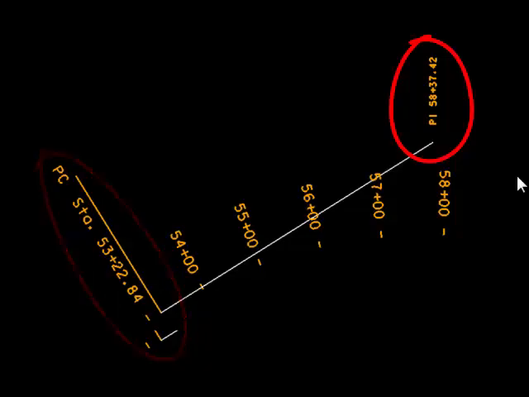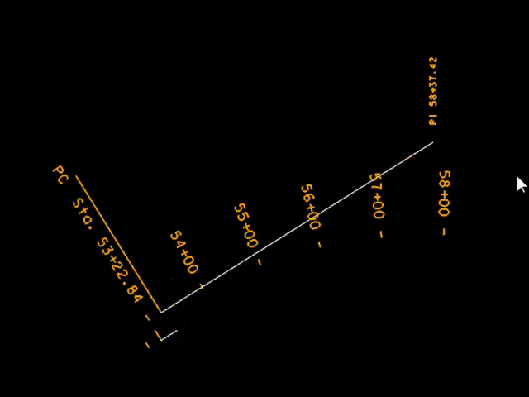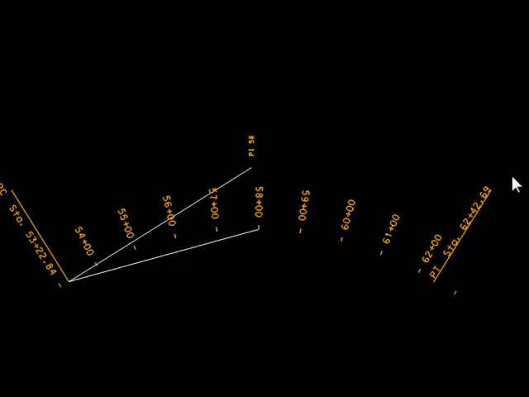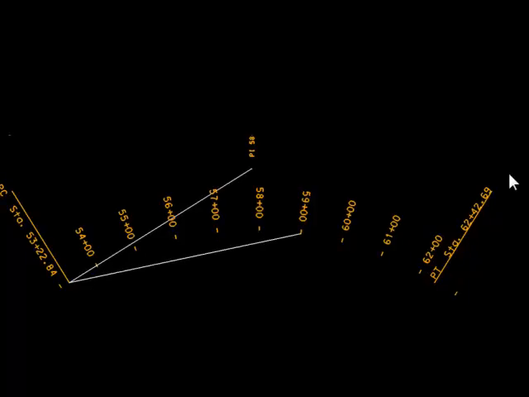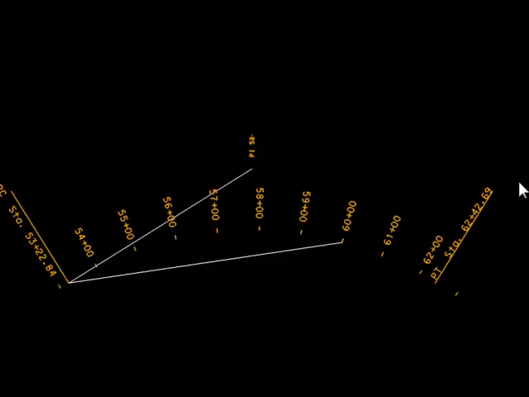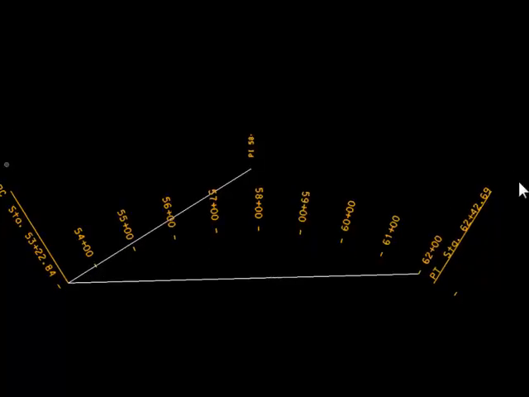And our task will be to turn deflection angles and measure chord distances from the PC to each of the points that you see here at 54+00, and 55+00, 56+00, and so forth. As we continue on in that process, you will see that we're simply measuring deflection angles and distances as we progress through the curve.